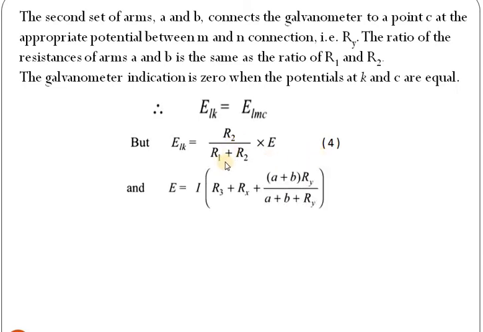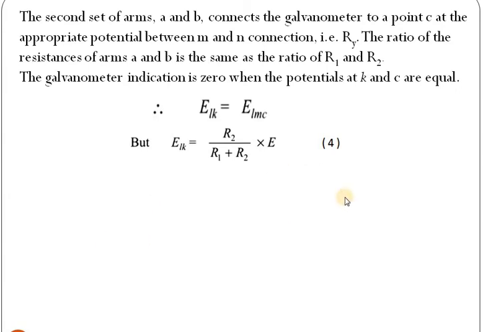We can obtain the E expression as E equal to I, where I is the current, multiplied by R3 plus Rx plus (A plus B) into Ry divided by (A plus B plus Ry). Now take the expressions from the circuit diagram, so you can understand it better.